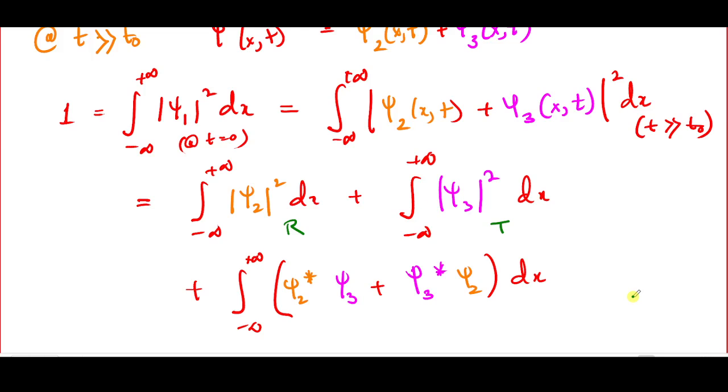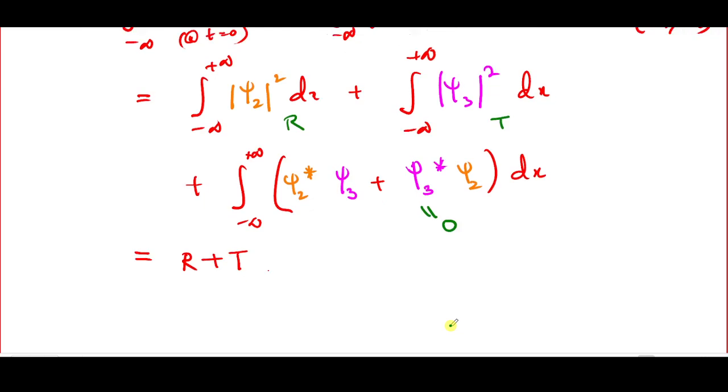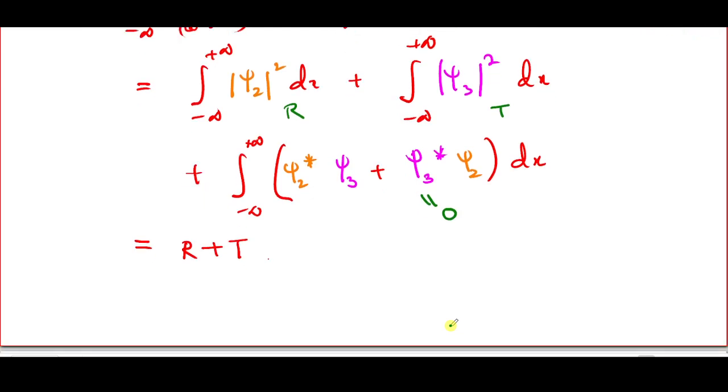What that means is that they are non-zero for negative x and positive x respectively, and their product is always 0. So this term is 0 by the very way in which psi2 and psi3 are set up. So R plus T has to be equal to 1, and therefore our relationship T equals 1 minus R is perfectly justified.